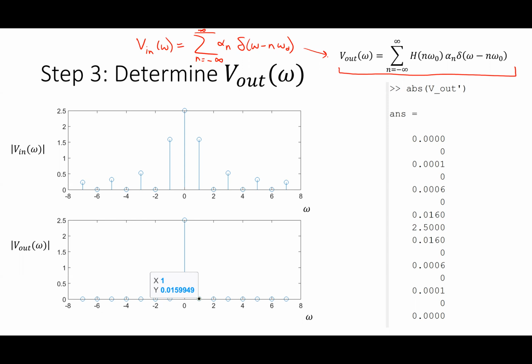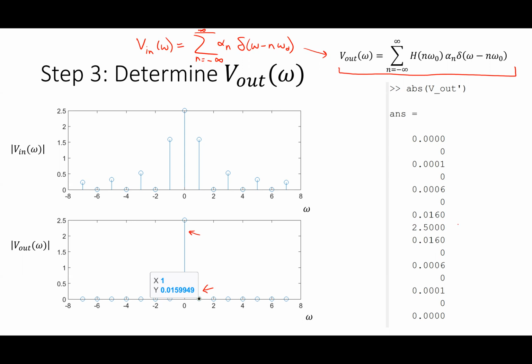And then what I also wrote out here was essentially what the magnitude is, so we can kind of see the numbers. Because when I look at this, I can only see the DC term right here. But I zoomed in so I could see for the output that they're pretty close to zero. Not exactly zero, but pretty close to zero.